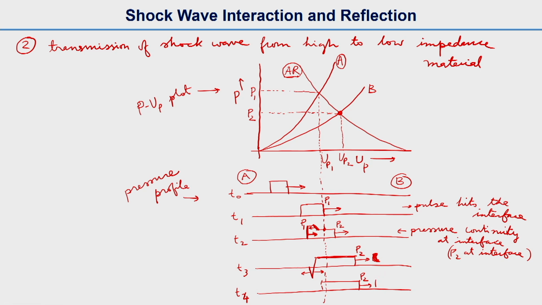That tensile pulse will propagate in material A, and it can lead to spalling if the amplitude is sufficiently high.